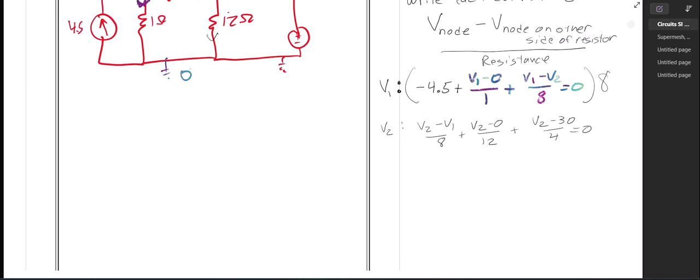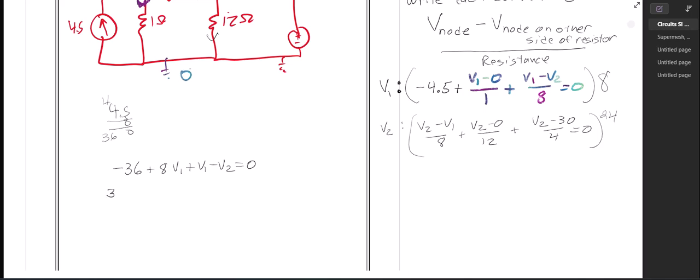And I don't like fractions, so I'll multiply through by the common denominator, which is 8. 4.5 times 8 is 36. So negative 36 plus 8V1 plus V1 minus V2 equals 0. And I'll multiply this bottom one through by 24.